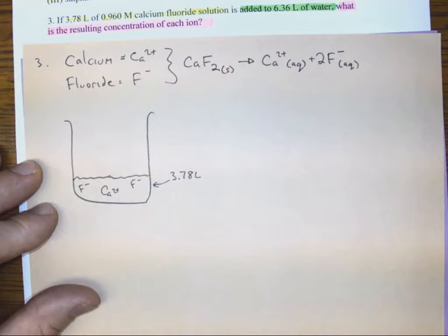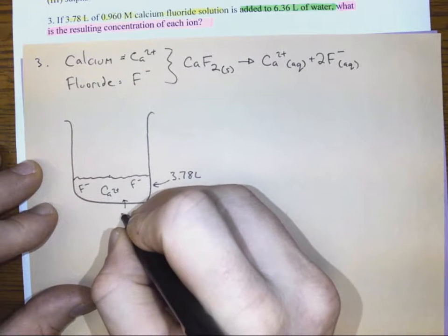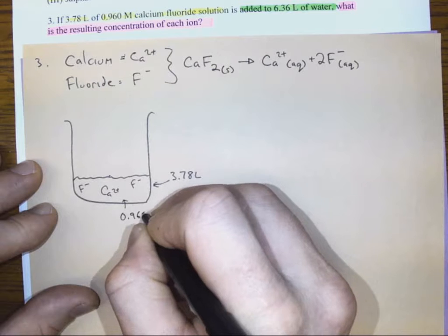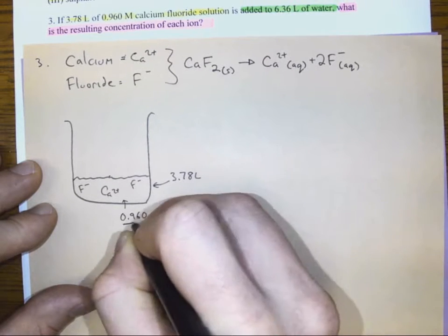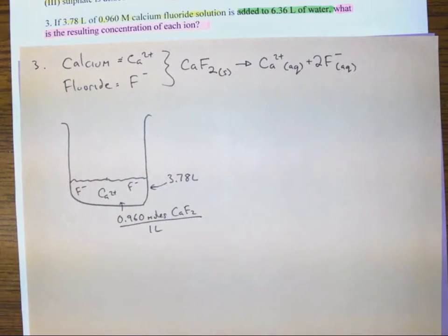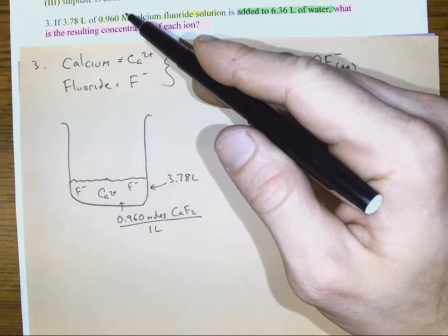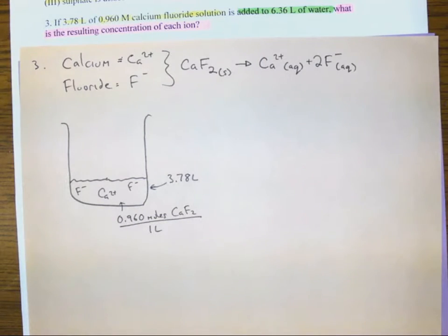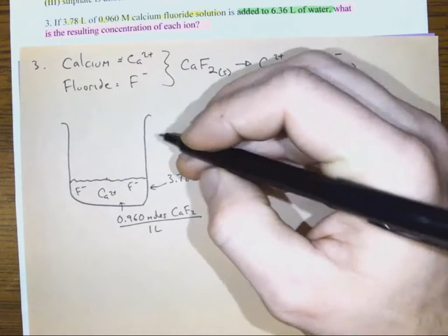And that has a concentration of 0.960 moles of calcium fluoride for every 1 liter of solution. And that's what 0.960 M means.